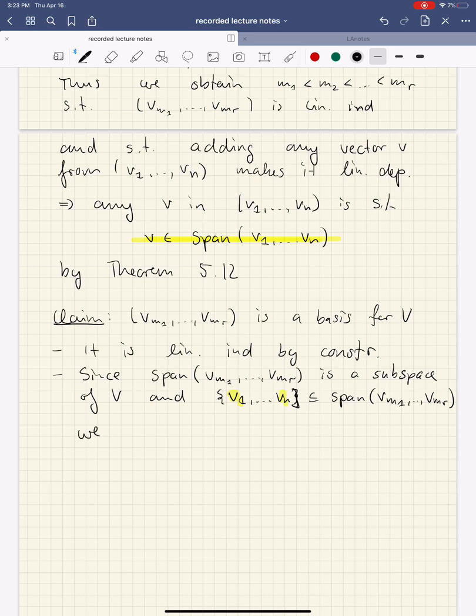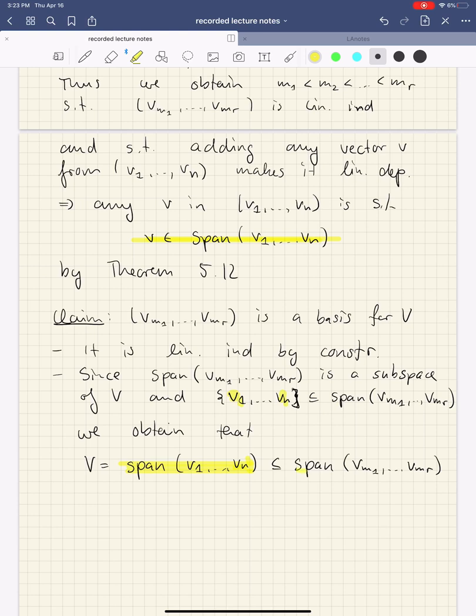We obtain that V is the span of V1 through Vn, because we assumed the tuple we were given was a spanning set. But this is now contained in the span of Vm1 through Vmr. This was one result that became very handy, that this subspace here is the smallest subspace that contains V1 through Vn.